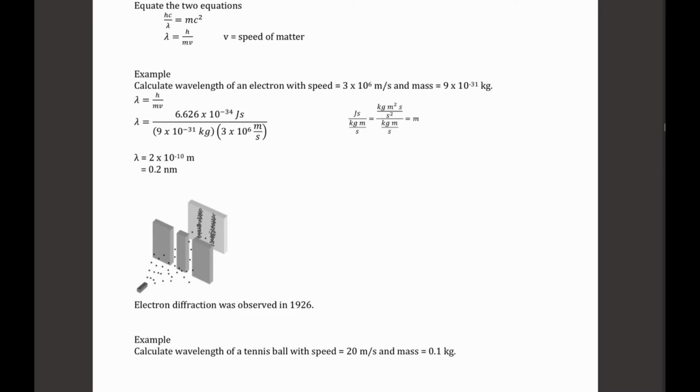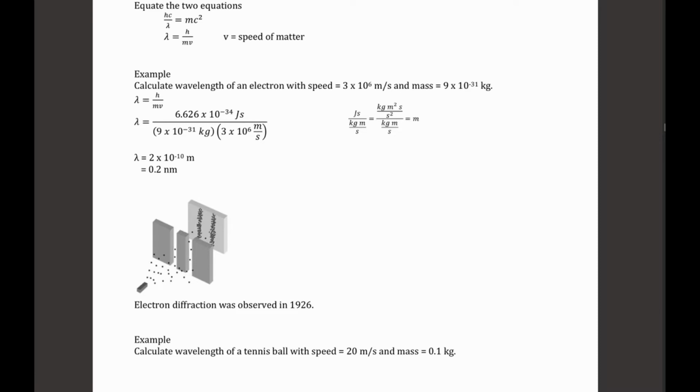We put in the value of h, 6.626 times 10 to the minus 34 joule seconds, the mass of our electron, 9 times 10 to the minus 31 kilograms, and the speed, 3 times 10 to the 6th meters per second. From those numbers we get the value 2 times 10 to the minus 10 meters. If we convert to nanometers, we get 0.2 nanometers. So if this electron has wave properties, its wavelength would be 0.2 nanometers.